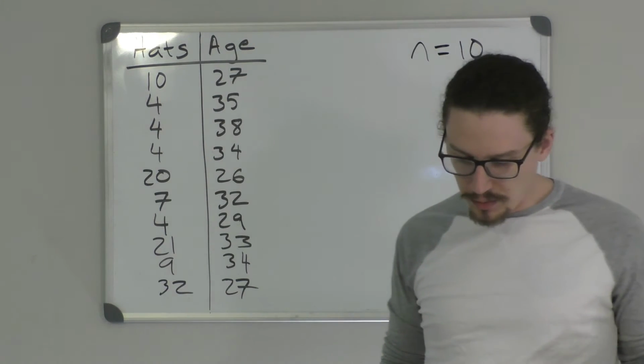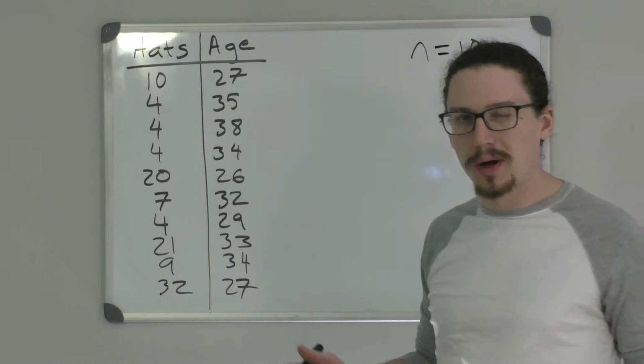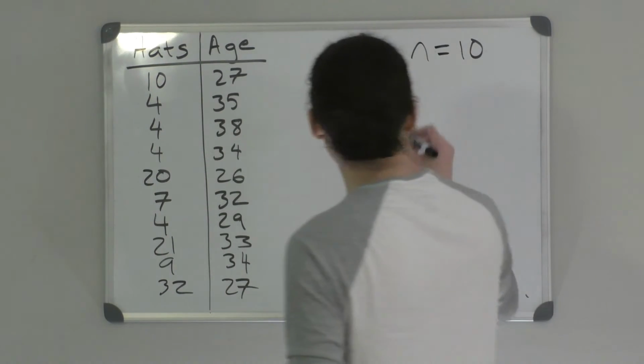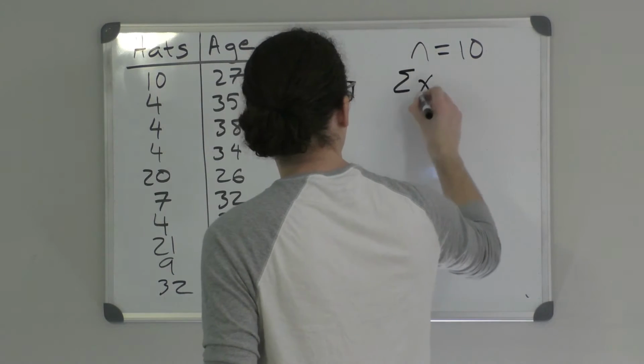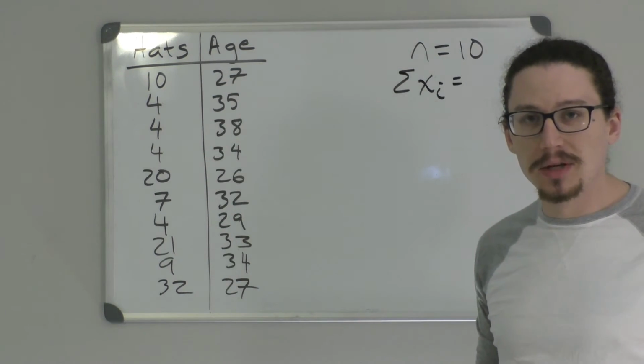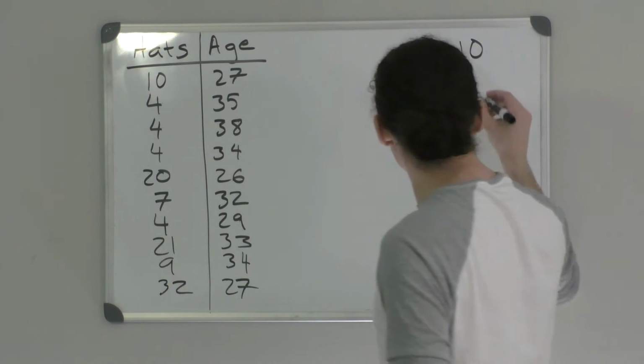All right, next we might want to find some of the easier ones, so we might just do the simple sum of xi and sum of yi. The sum of xi is going to be 315.